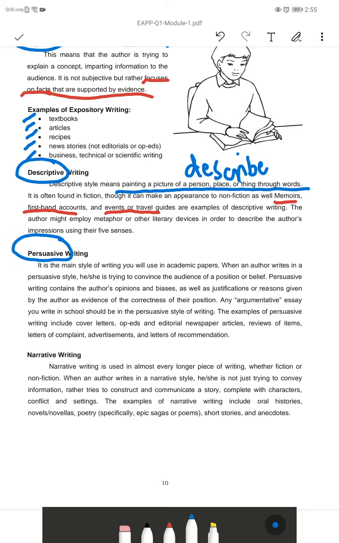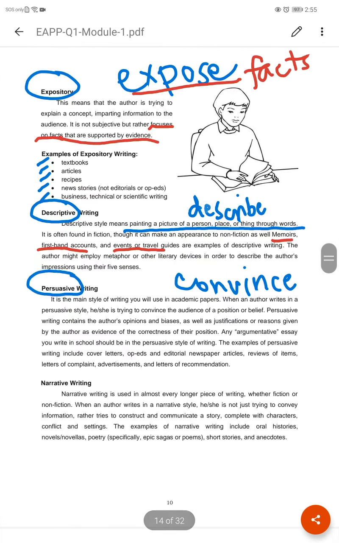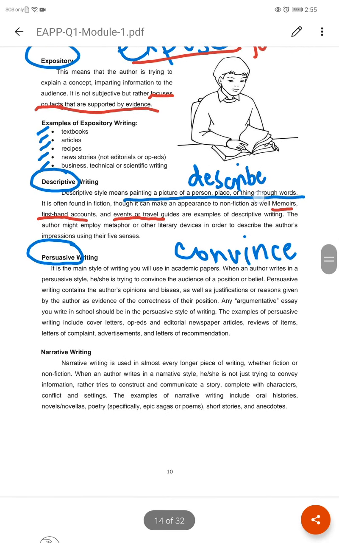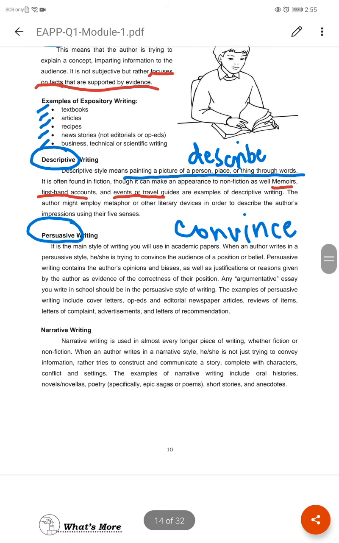A while ago in our definition of terms, we said that persuasion or persuade means convince. So when we try to make an academic text using persuasive writing, what we do is we try to convince the readers to believe in what we are saying.